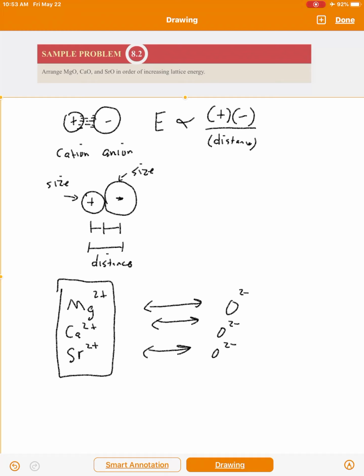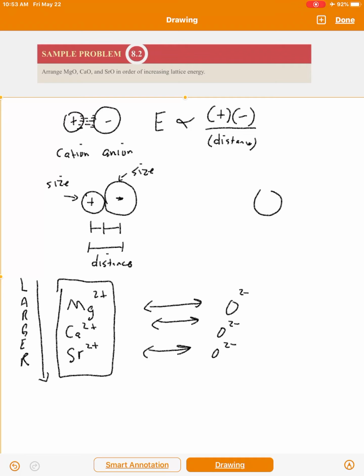Now here's the pattern. As you go down the periodic table, the size of the ion gets larger. Okay? The strontium ion is larger than a calcium ion, which is larger than a magnesium ion. So if I wanted to show you it this way, I could write it this way.